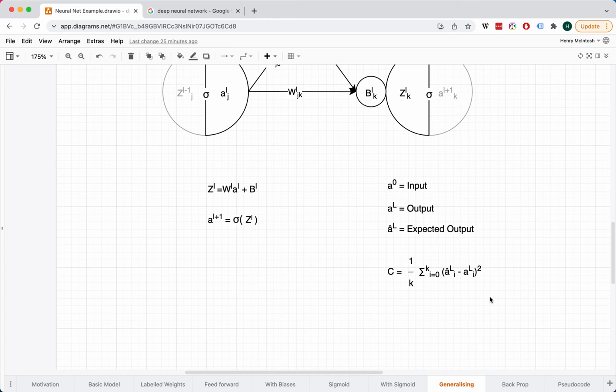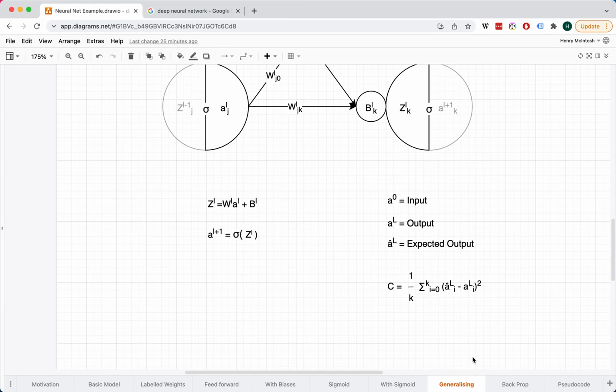And that's just the mean squared error. So we're going to sum each item in the vector, where all the items are the expected output minus the actual output squared, and that's then just divided by the total number of items in that output vector. Again, mathematicians, I'm sorry, I know this looks horrible notation-wise, but anyway, it is what it is.